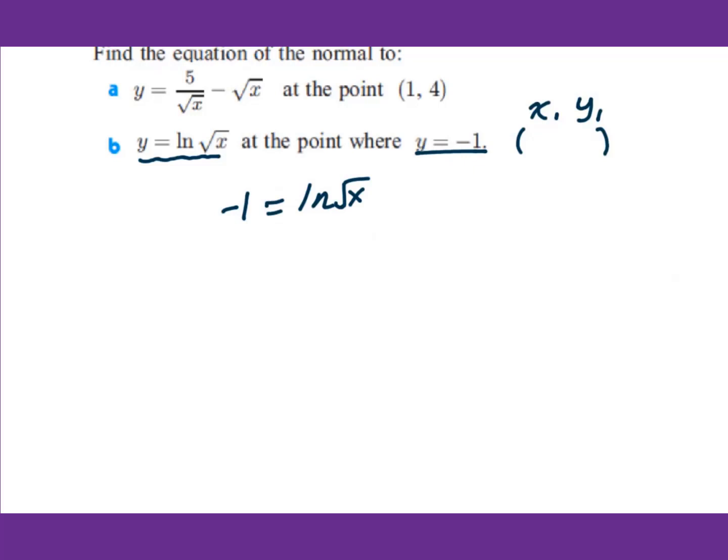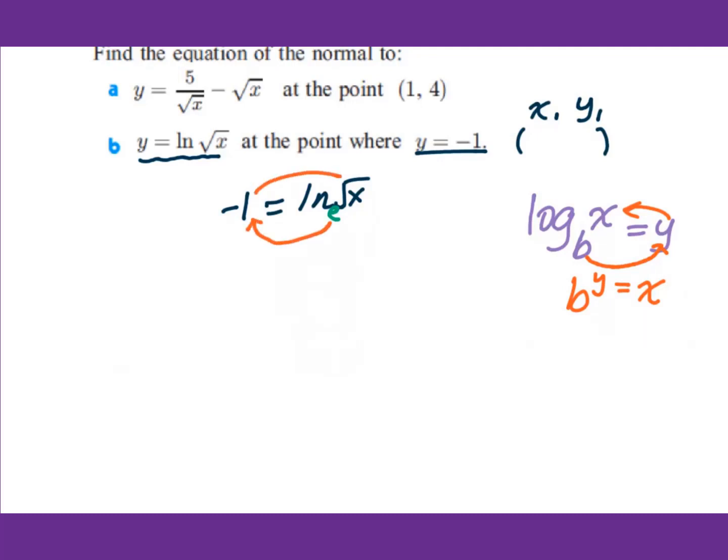Therefore, the base is e. We use the concept log base b of x equals y, then you get b to the y power equals x. So we get e to the negative first power equals square root of x.